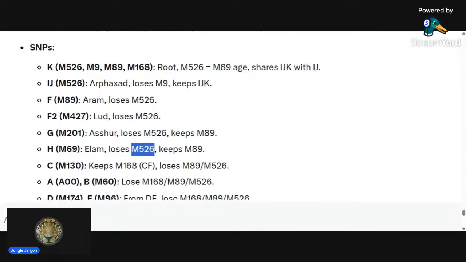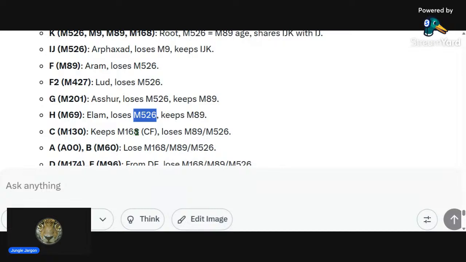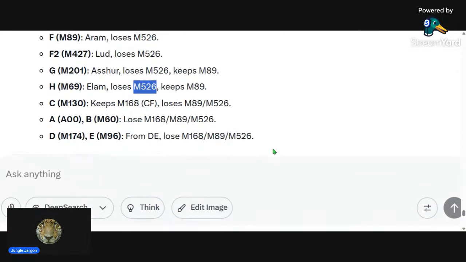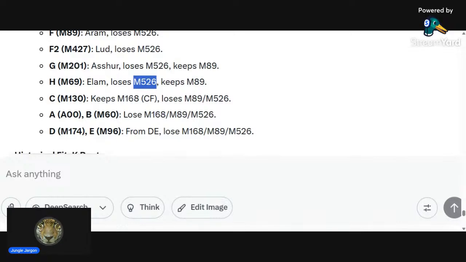C of Nimrod keeps 168, which is a CF marker. Now he loses the M89 and M256, obviously, because they're already there, and Nimrod doesn't have it.